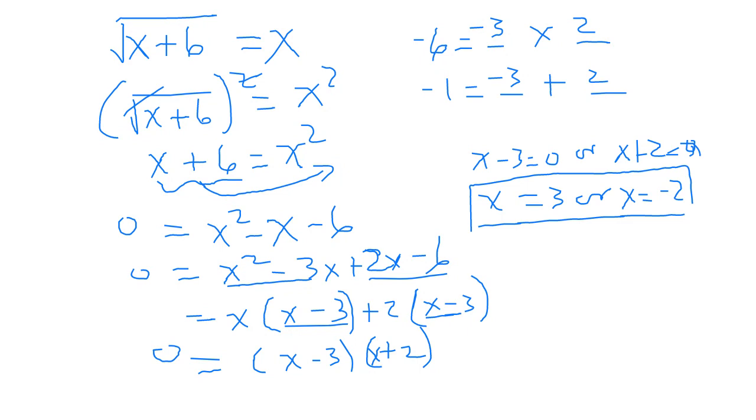Now, here there is another thing you have to do. You have to check. Sometimes, even though you have this, it doesn't mean that that's the end of the story.